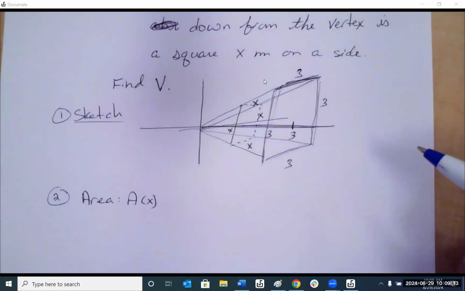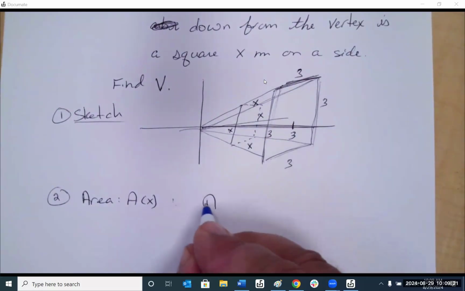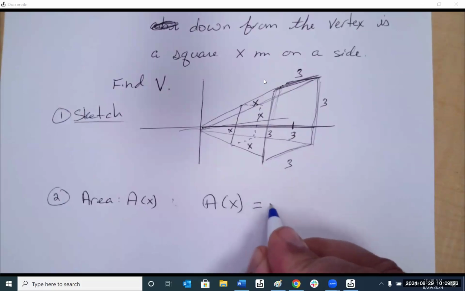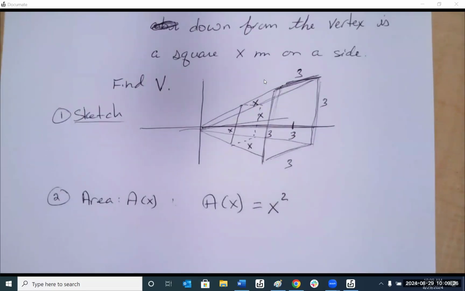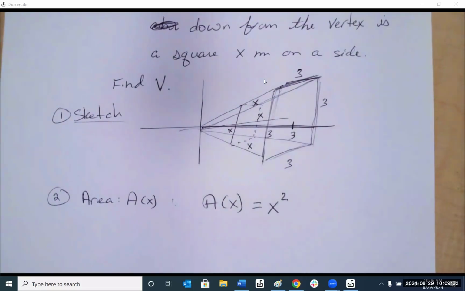So what's the area? What's the area of a square? Since the sides are all the same, the area is equal to x squared. Because you're right, it's length times width, but they're both the same, so it's x squared.